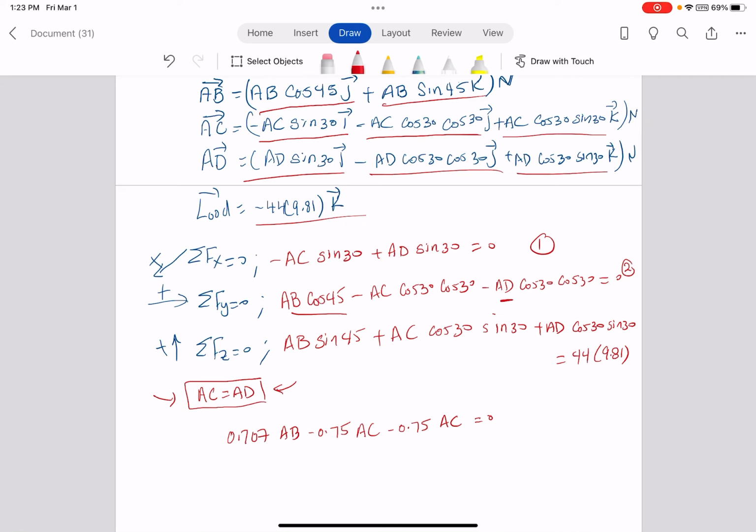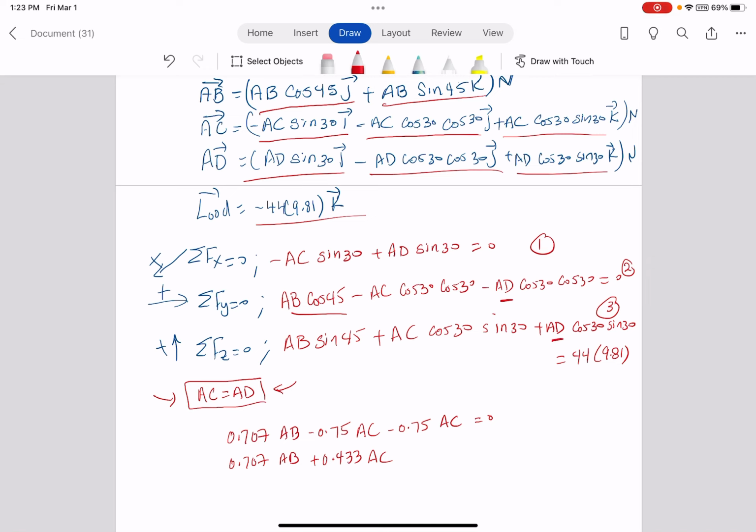Sine 45, the third equation, equation number 3 here. Sine 45, which is 0.707 also, AB. AC cosine 30, cosine 30 is 0.866 times sine 30, and that is 0.433, plus 0.433, and that is AC.